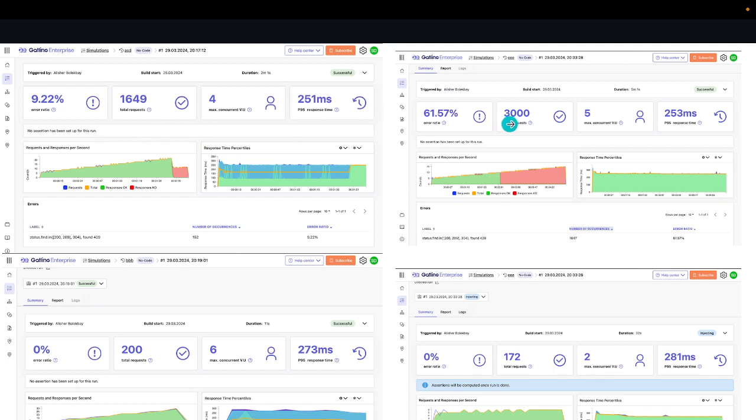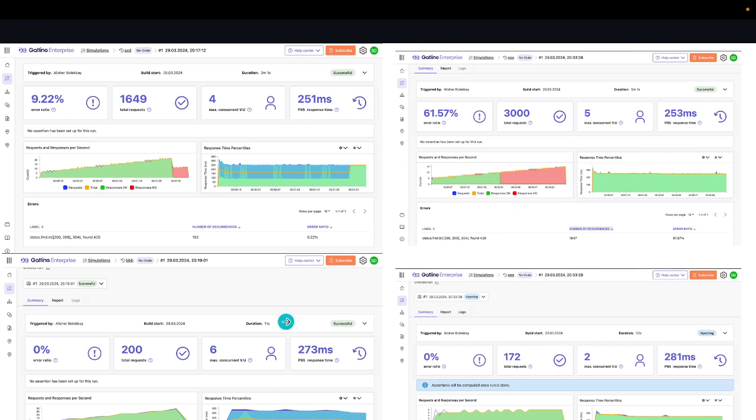And here after 4 minutes it had 3000 requests and also a 62 percent error ratio. So after the minutes it crashed.